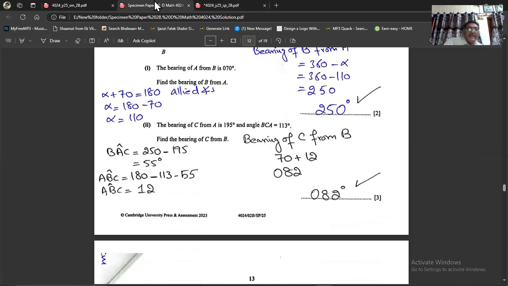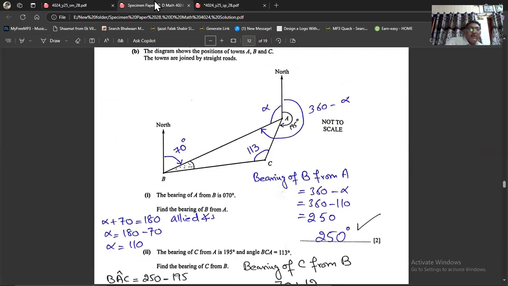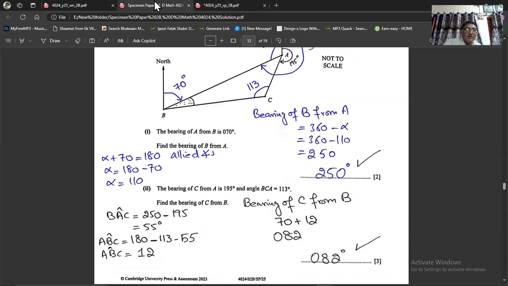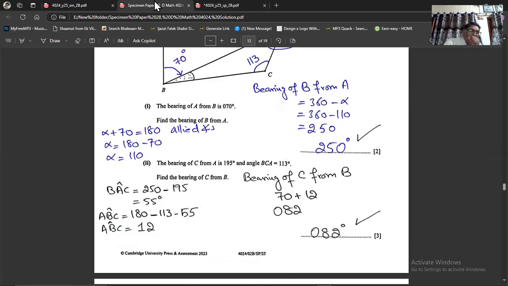The angle BAC will be equal to 250 minus 195. 250 is the bearing of B from A, so that will be 55 degrees. And then I will find out the ABC angle.